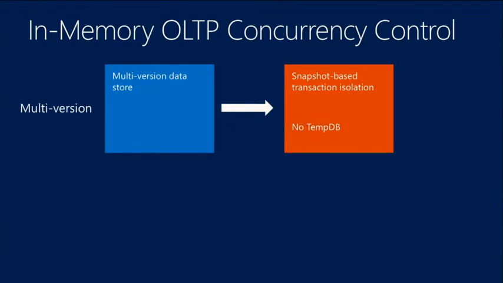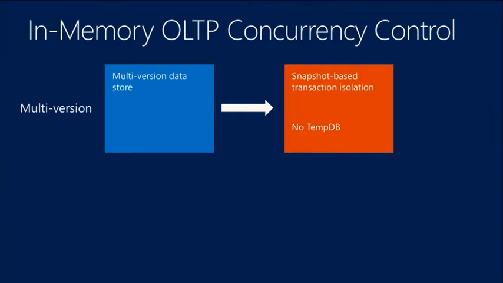So if you have, for example, a transaction starting at time 100, it sees all the rows that are valid at time 100. And because we have the versioning built into the tables, the snapshot isolation for memory optimized tables does not use tempdb, other than snapshot isolation for disk-based tables, which use tempdb for the versioned rows.